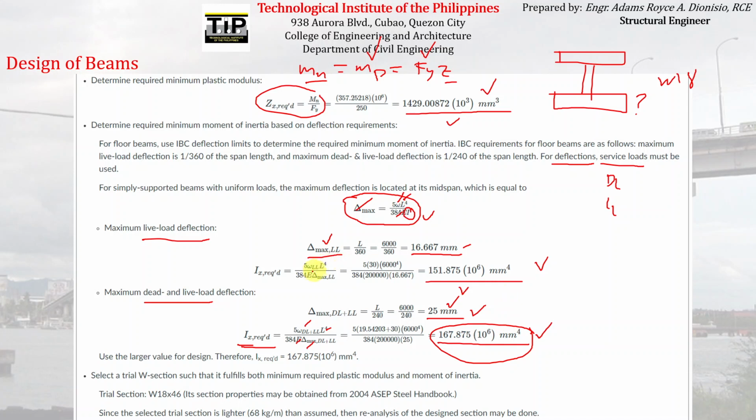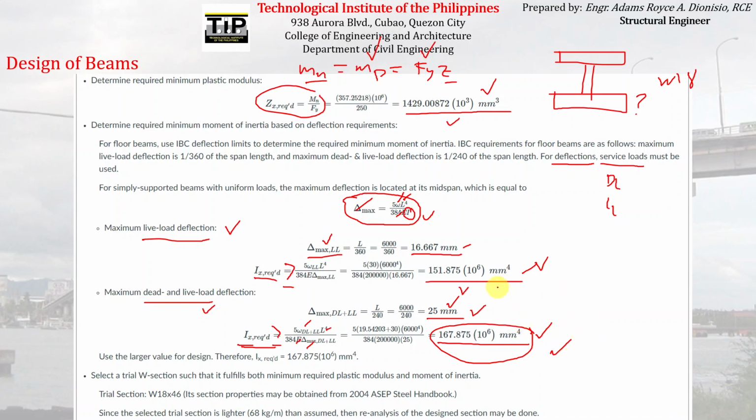Because the formula here is actually greater than or equal, the moment of inertia that will satisfy this deflection limitation must be equal to this or greater. And for this particular deflection requirement of the IBC deflection limits, the minimum moment of inertia must be equal to this.